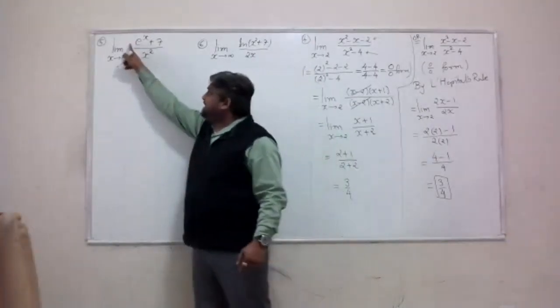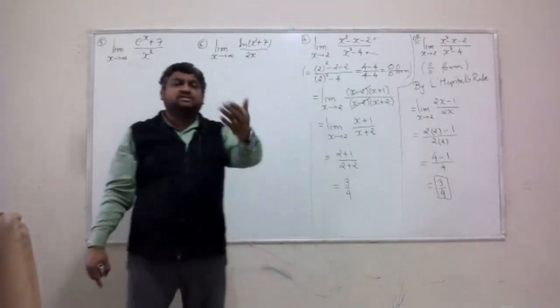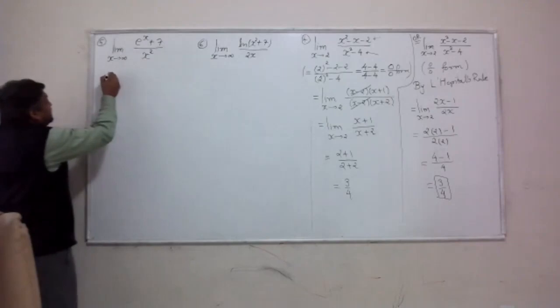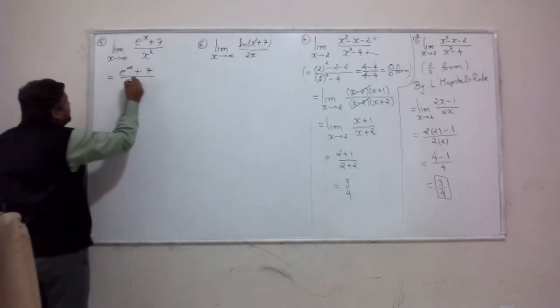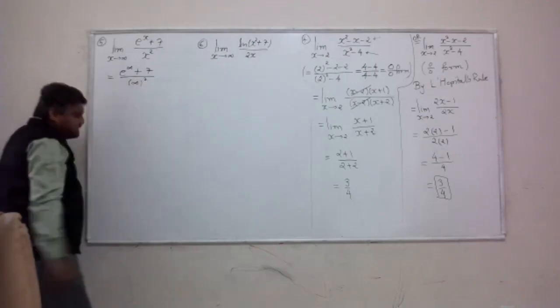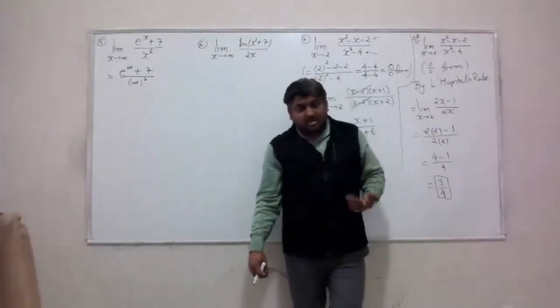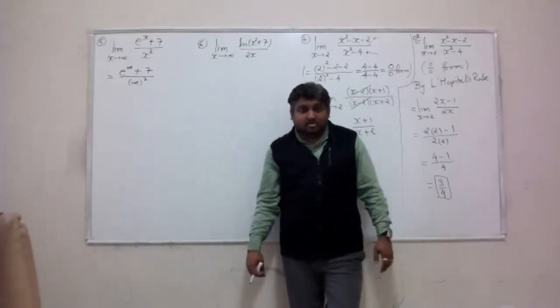If you want to understand the behavior of this function when x is near infinity, plug x equal to infinity into this function. Look, I get e to the power infinity plus 7 over infinity squared. Remember, infinity is a symbol only, and this is a tedious symbol. Why is it a tedious symbol?